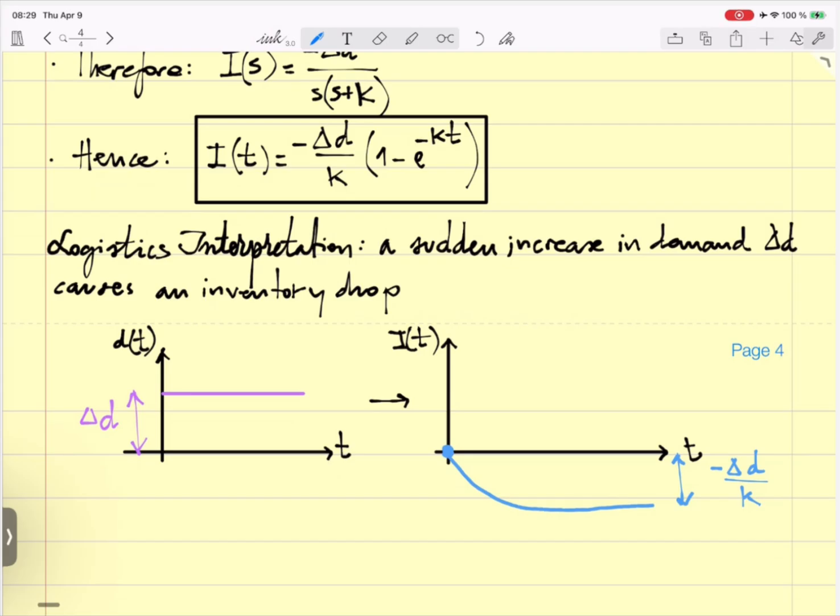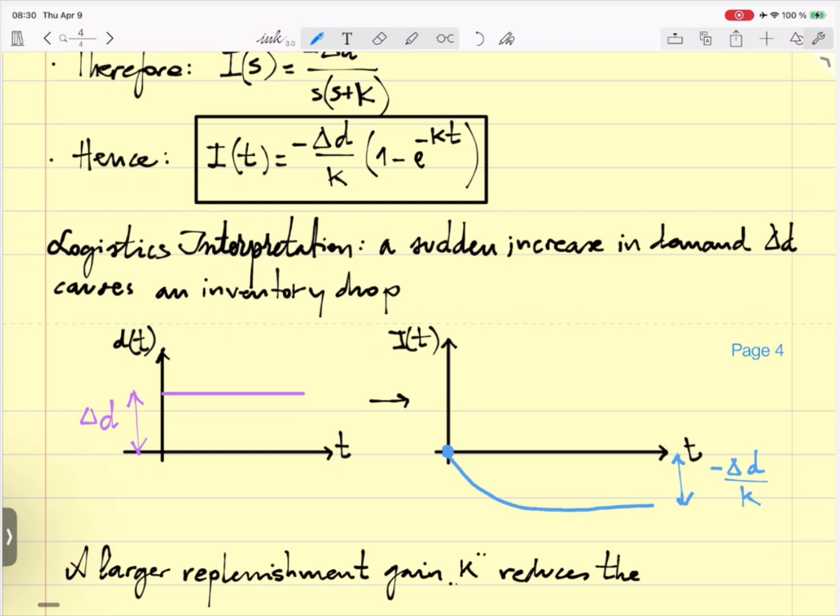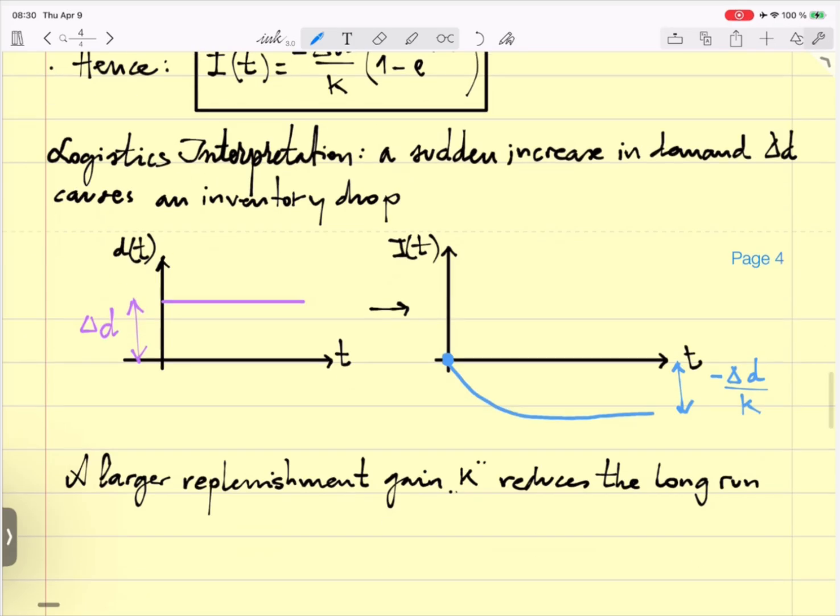Important for you is that a larger replenishment gain reduces the long run deviation.